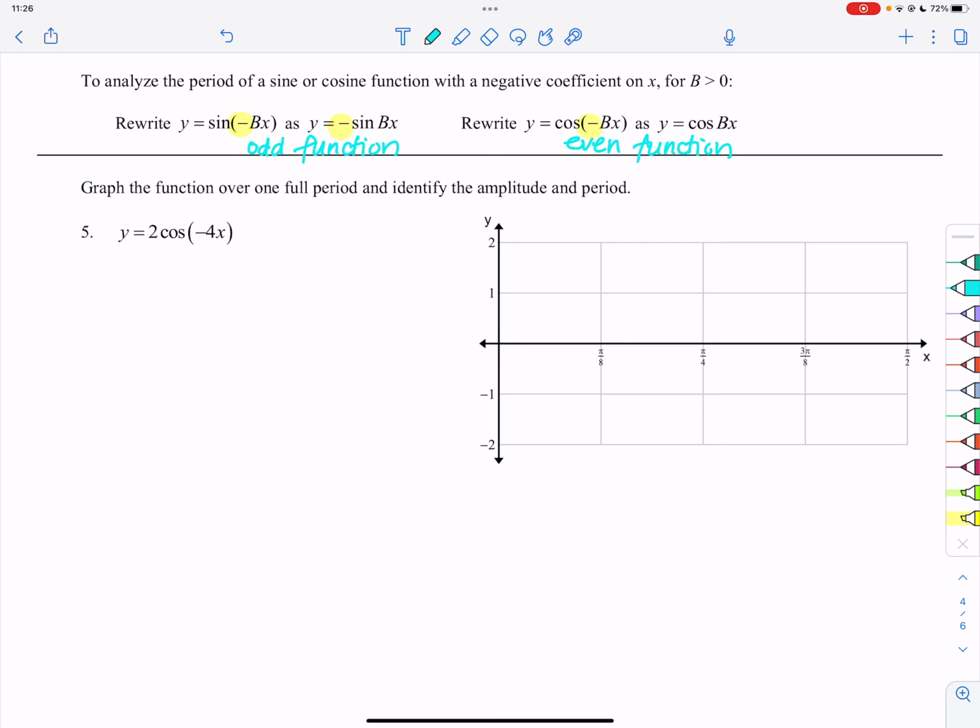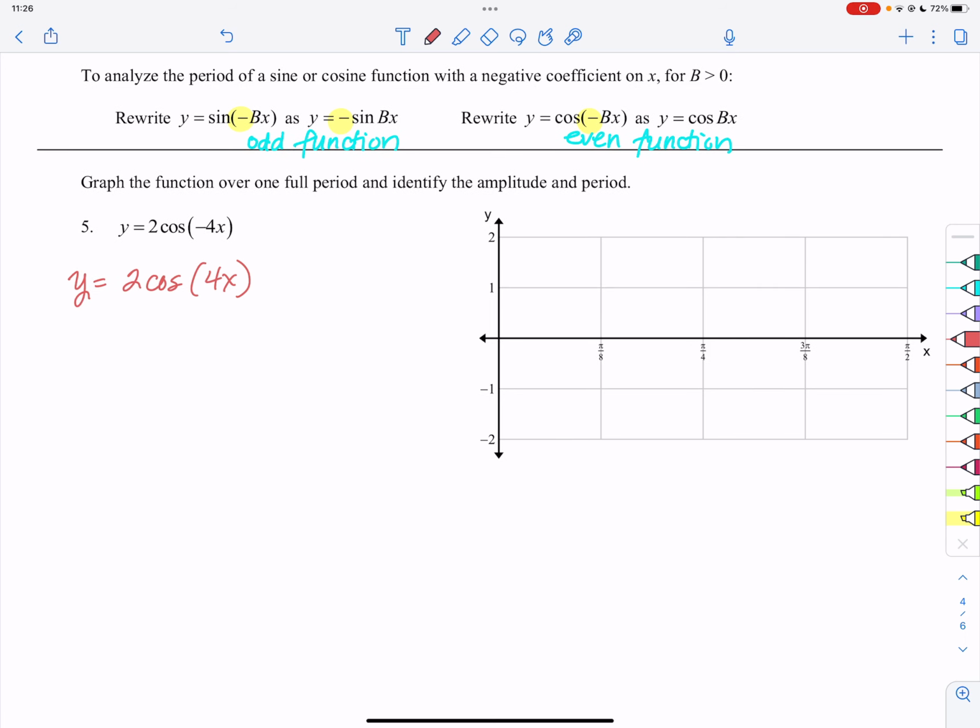Okay, let's begin with y equals 2 times the cosine of negative 4x. And remember, since the cosine is an even function, that's equal to 2 times the cosine of 4x. Let's start with our amplitude, okay, and that's the absolute value of 2, and that's equal to 2.